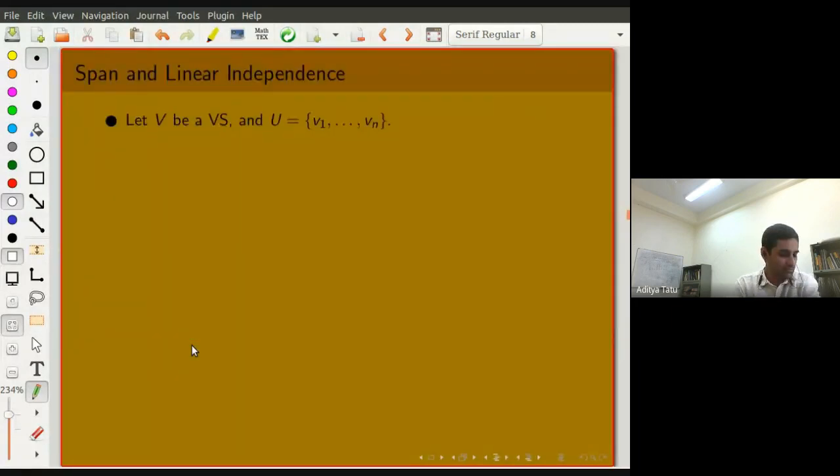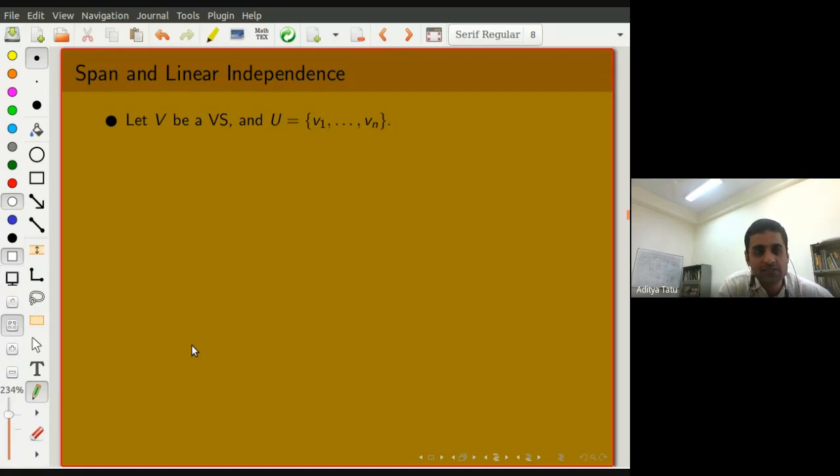So now let's talk about something that we have already done as far as Rn is concerned, the vector space Rn. Let us now define what is meant by span and what is meant by linear independence. Let's first start with span.